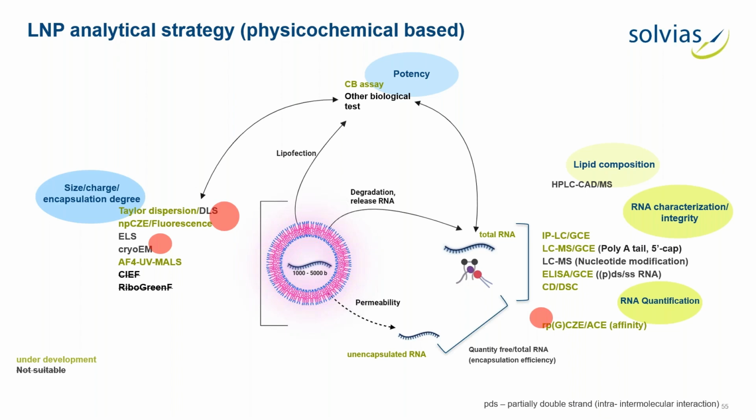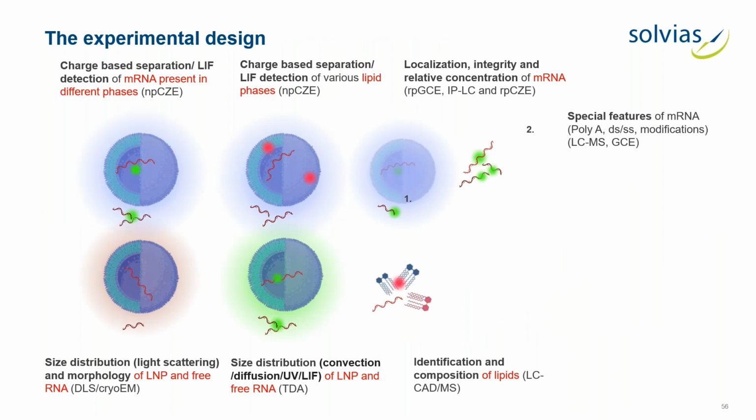And at the end, really important, the correlation between the analytical results and different biological potency tests. This is of special interest to understand the relevance of the analytical parameters deduced here. Later on, I will show you new results from 3 different LNP systems using a defined analytical package. But before, I will give you an overview of these techniques.